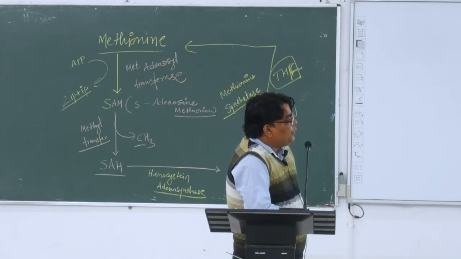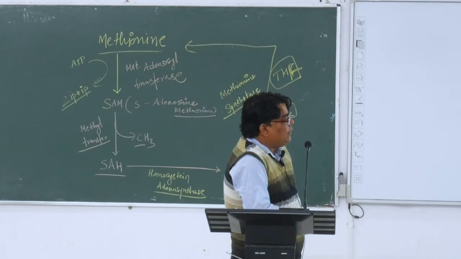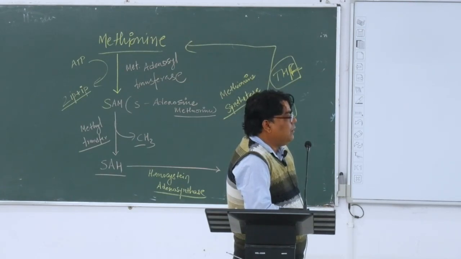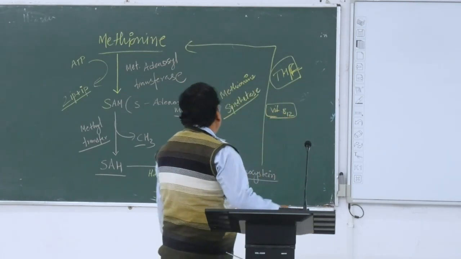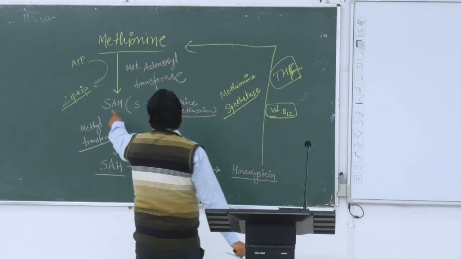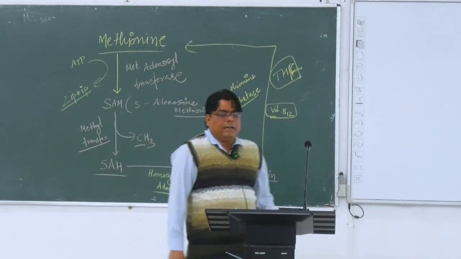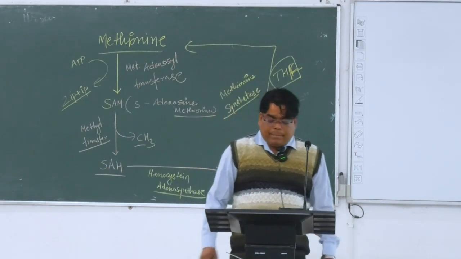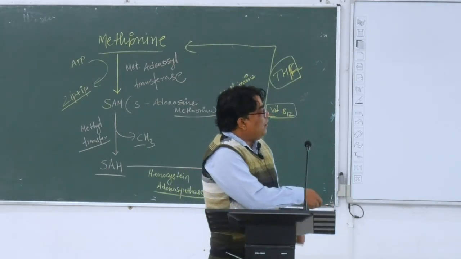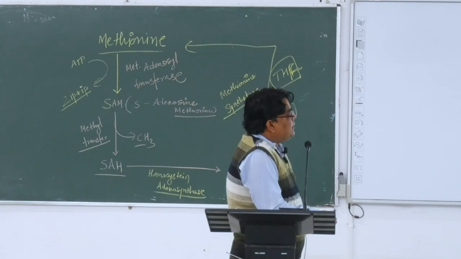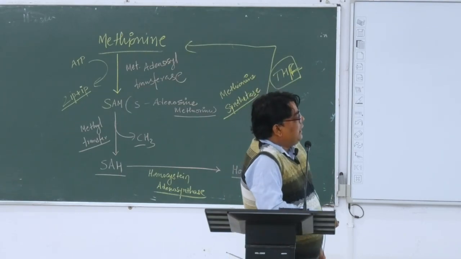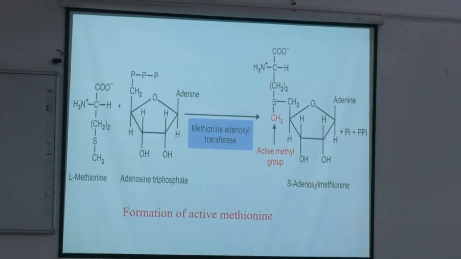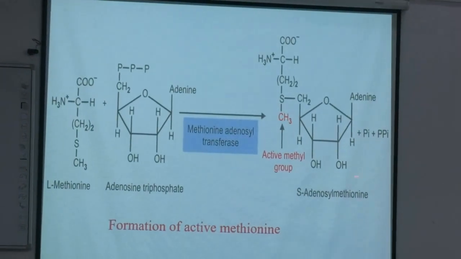The methyl group of methionine becomes available for transmethylation only in the active form of methionine, that is SAM. I already told you this reaction in the first step. Now this is the reaction: you will see methionine, with the help of ATP, forms S-adenosyl methionine.